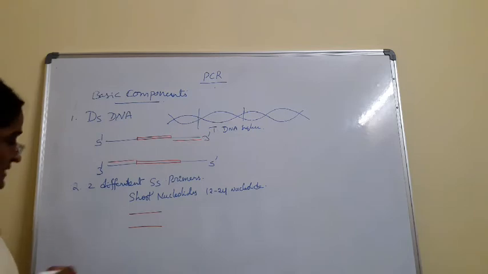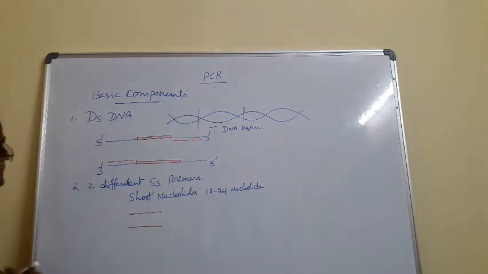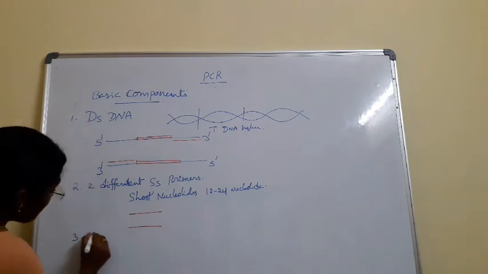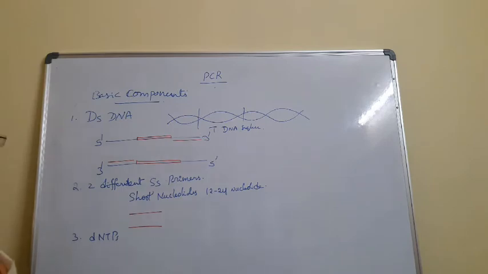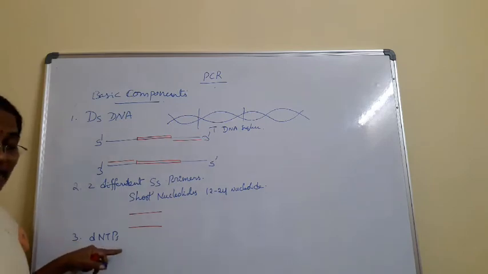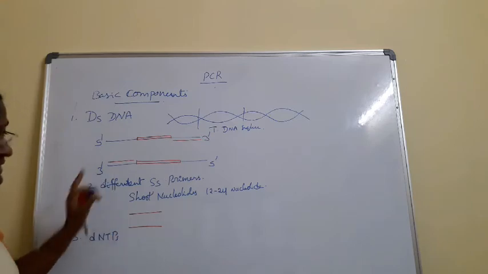Third one is dNTPs, deoxyribonucleotide triphosphates. 4 types of deoxyribonucleotide triphosphates are required for this reaction.